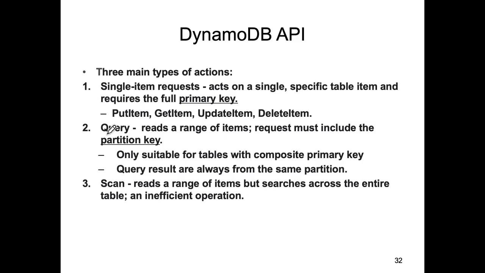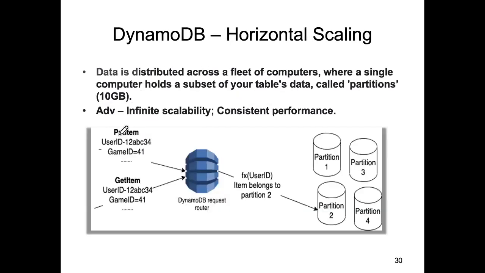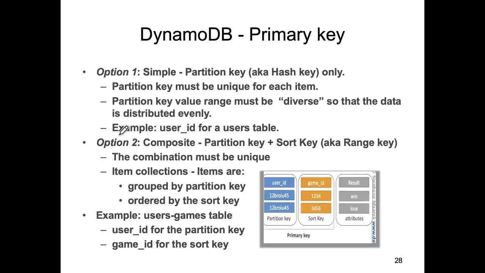Also, I should say that a query operation is only relevant when the table's primary key is a composite primary key. Now, all this composite primary key goes back to this slide here.